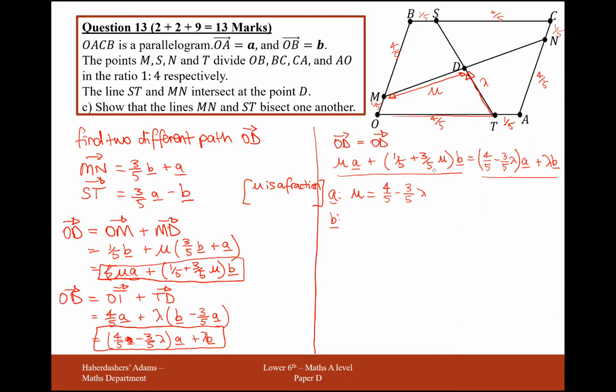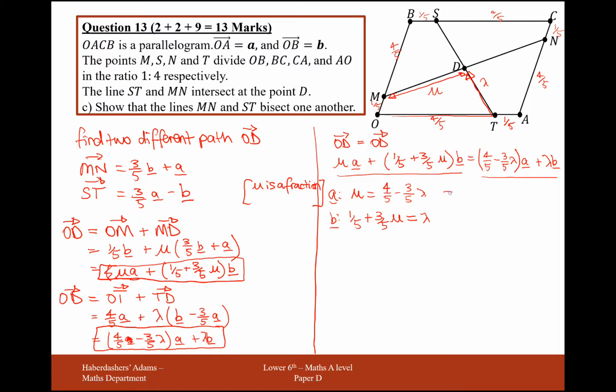And for B, our B component on the left, a fifth plus 3/5 mu needs to equal lambda B. So just lambda there. You could write the A's and the B's included in these equations here, but you don't need to because they'll all cancel out.